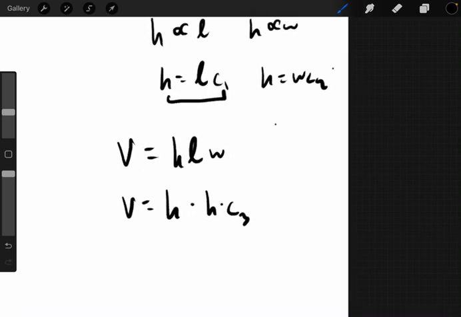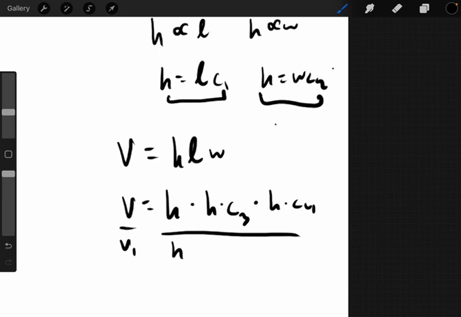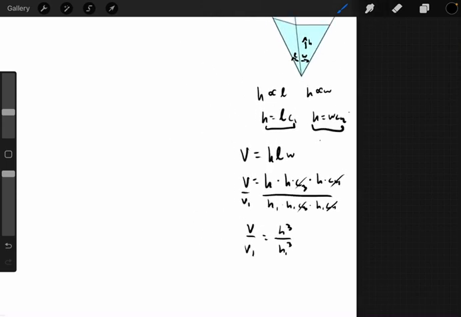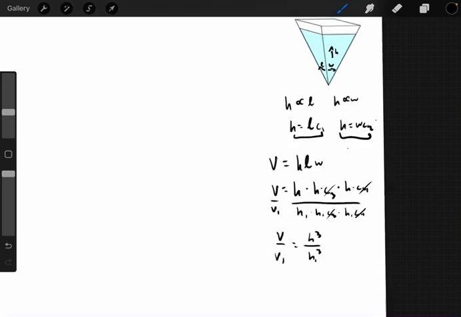Solve for W: H times C4. When you put all these over H1 times H1 C3 times H1 C4, these cancel, and you get V over V1 equals H cubed over H1 cubed. So that is the equation we will be working with.